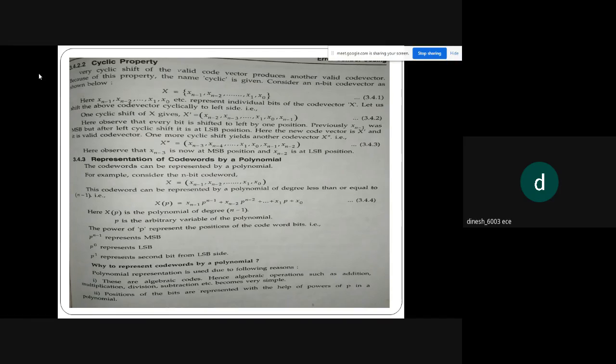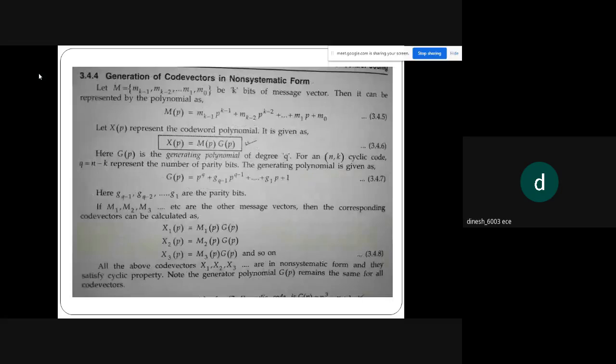So now let us see how we generate the code vectors in non-systematic form. As we had said earlier, in systematic form, if you write an x code vector, it will be a combination in the series of m followed by c. So the message followed by the check bits, where the message is present, and the following q bits are the check bits.